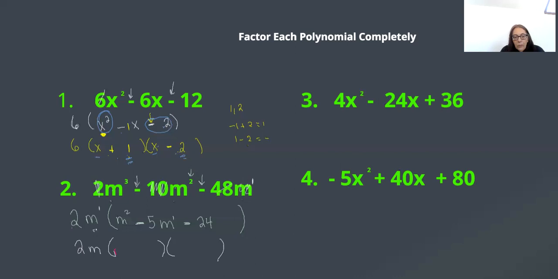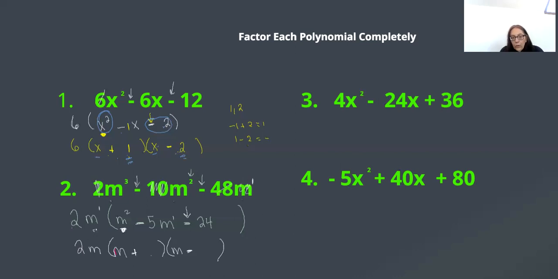M times M gives me this M squared. Now this is negative, so a positive times a negative will give me that negative. And we've got to think, what times what is 24?